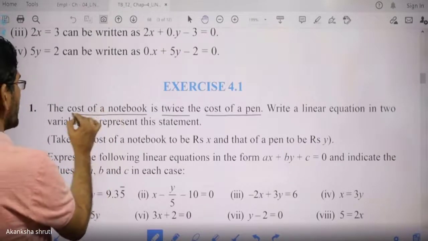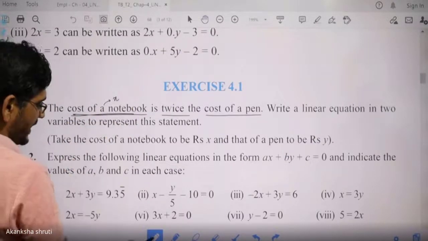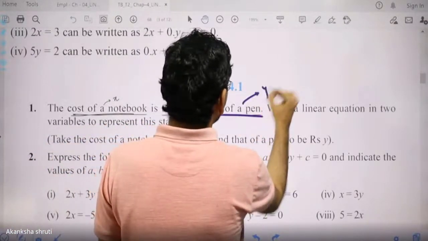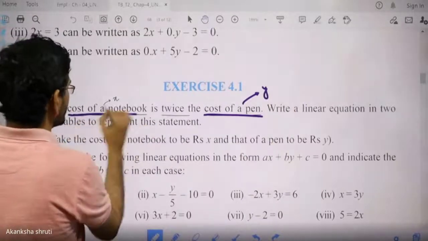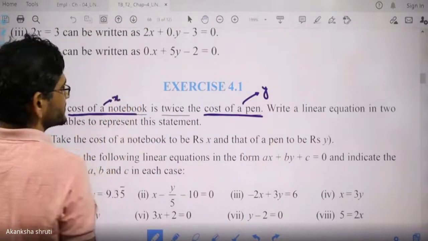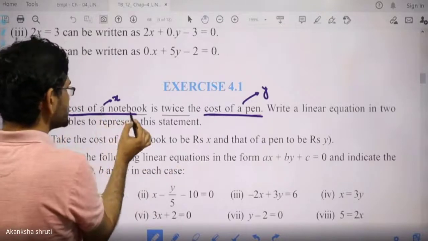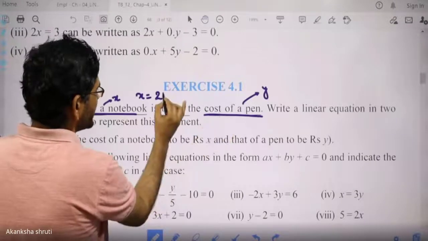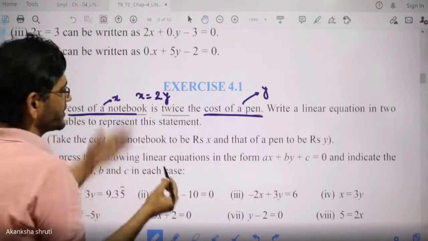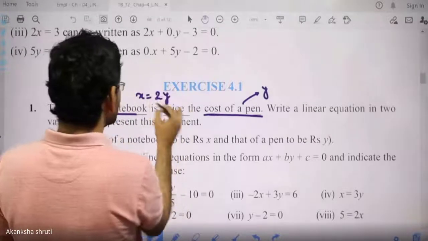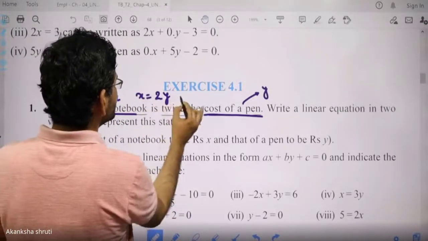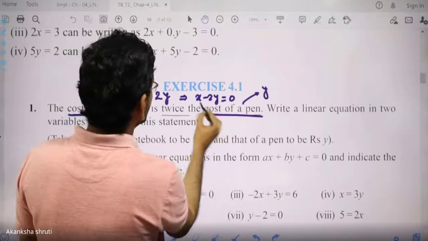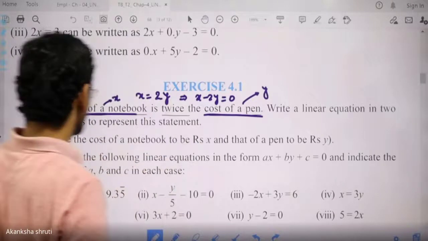If we consider the cost of a notebook as x and the cost of a pen as y, the notebook is twice the pen. So x equals 2y. Or simplifying, we can bring y to the left hand side: x minus 2y is equal to 0. Writing this or that both mean the same thing.